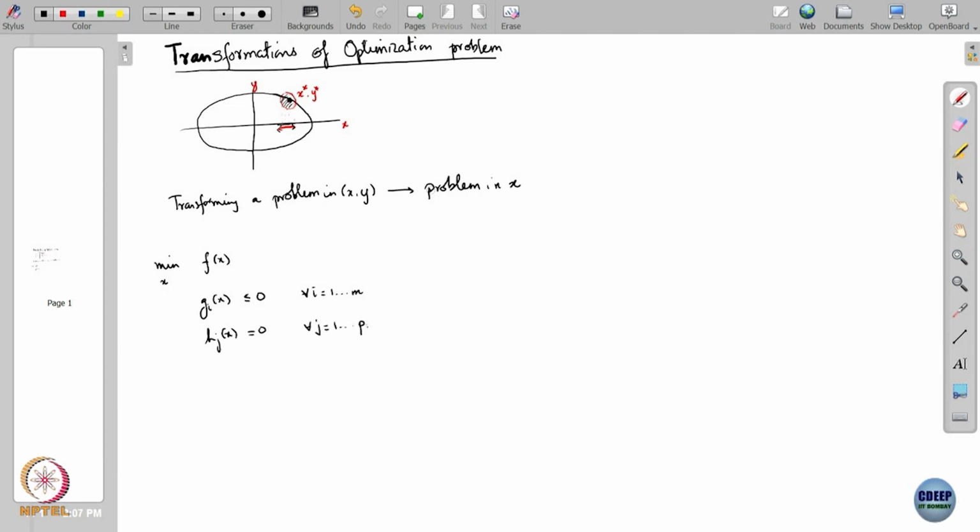So, this will be my canonical optimization problem, and I will write this in a different equivalent form. Let us take the first form. Do you notice that this optimization problem is actually equivalent to this problem?